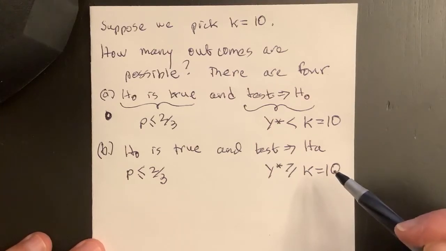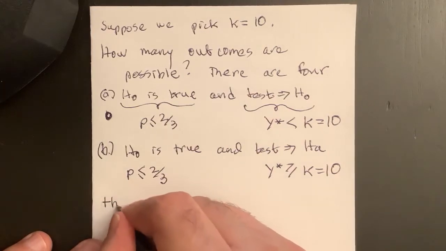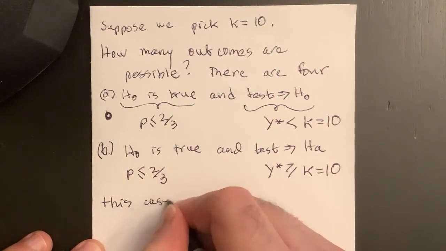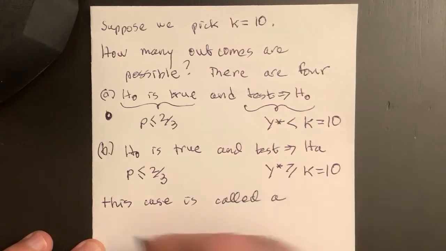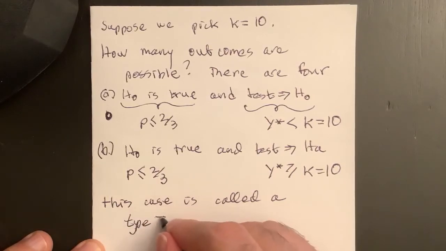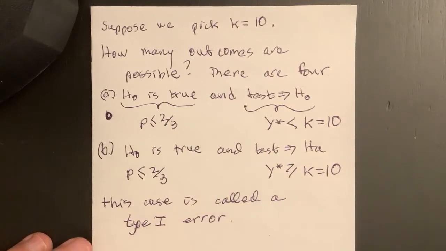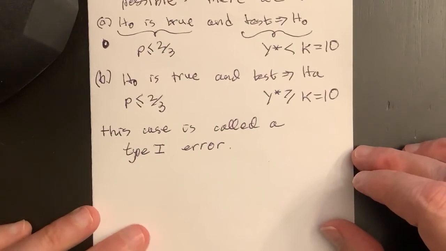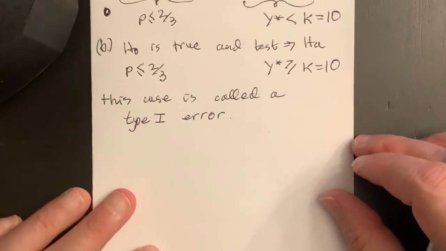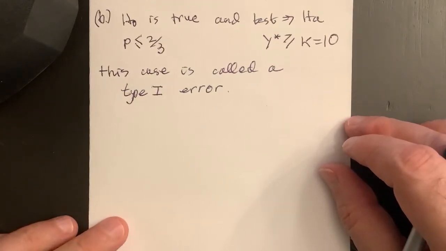So this is called an error. This case is called a type 1 error. It's always called a type 1 error: when H0 is actually true, but you conclude the alternative hypothesis is true.